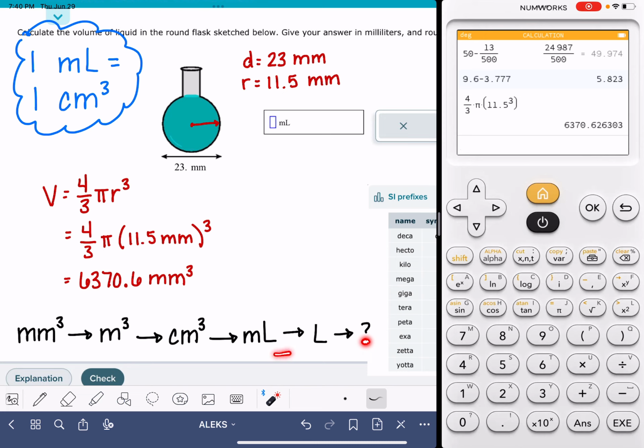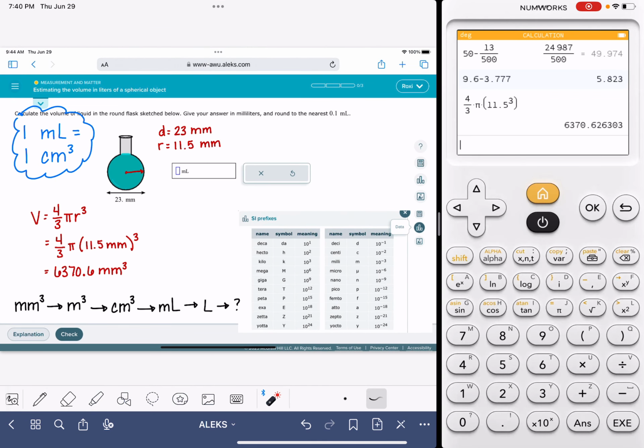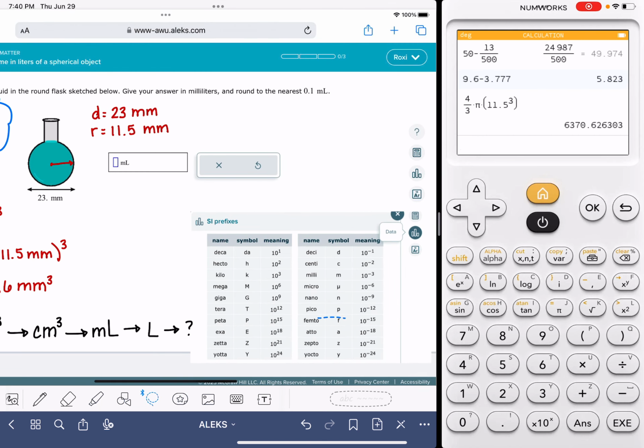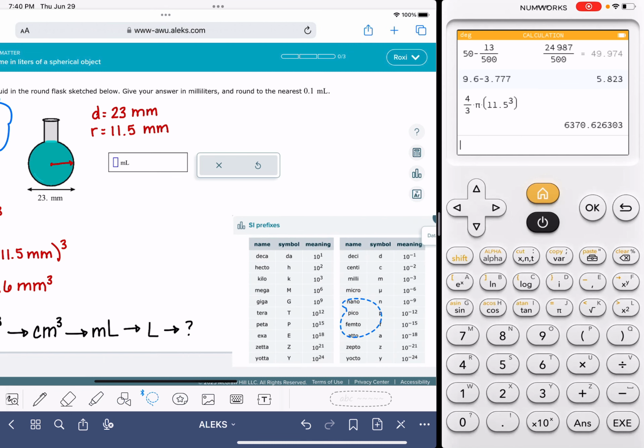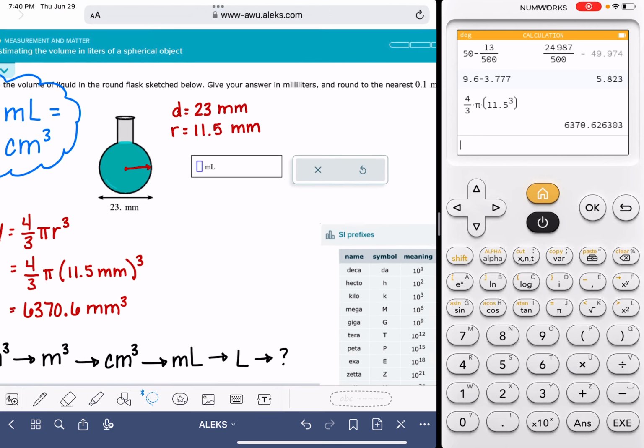But if not, you're going to keep going down this path. So you can see there's a lot of unit converting going on here. Now it is going to be handy for you to pull up ALEKS's table of SI prefixes. It's located in this area here. I've got it pulled up on the side for us to reference because it is a handy table. It's going to give us the relationships between those prefixed units and the metric base units.